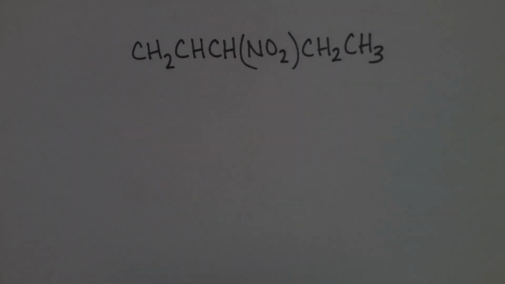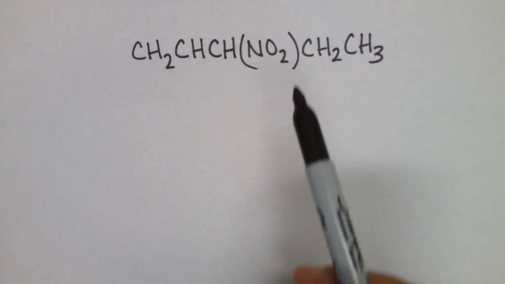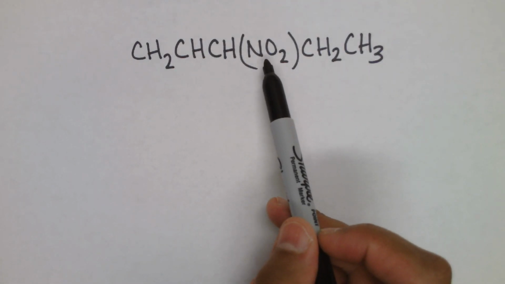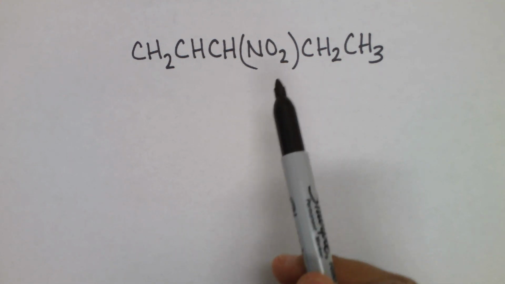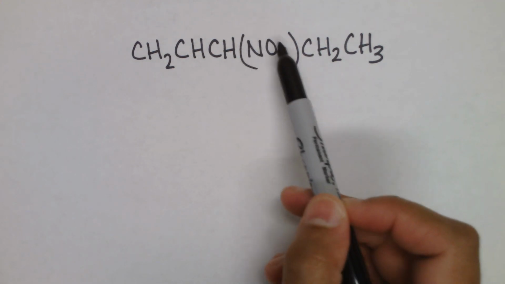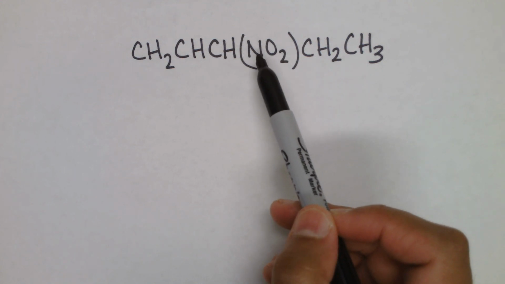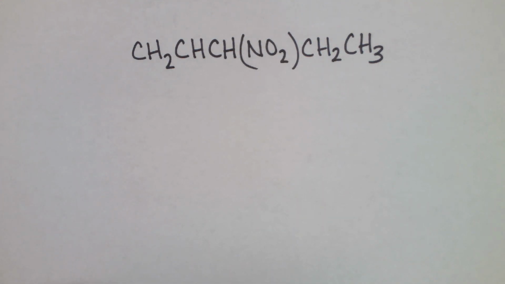Let's take a look at this condensed formula, and you'll notice there's a nitrogen group here. It's written in an interesting way, NO2 in parentheses. Let's draw the Lewis structure and let's identify this functional group, this nitrogen that's bonded to these two oxygens, and something interesting happens here.